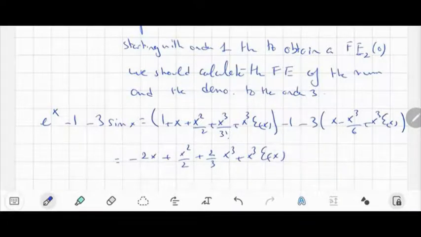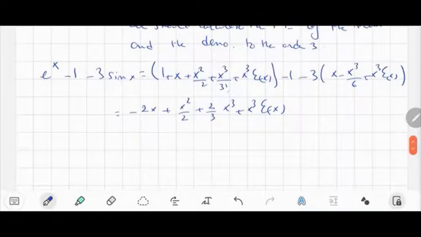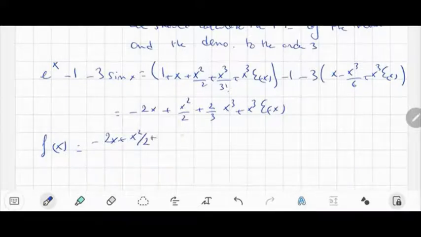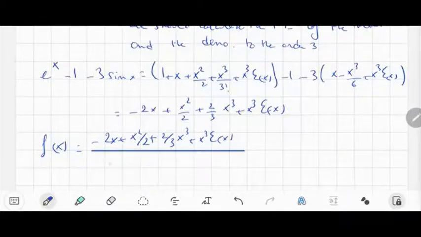Now, to calculate the expansion of the ratio, we'll put f of x as being minus 2x plus x^2 over 2 plus 2 over 3 x^3 plus x^3 epsilon of x, divided by x minus x^2 over 2 plus x^3 over 3 plus x^3 epsilon of x.